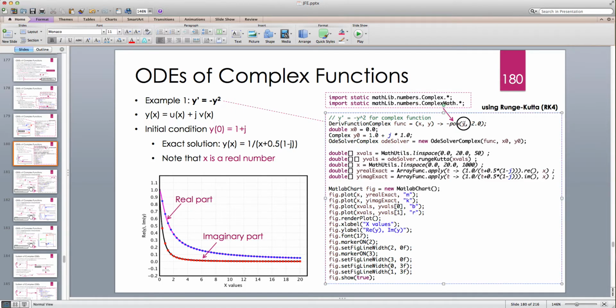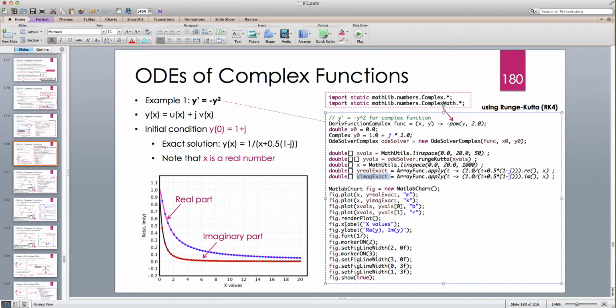Because remember, y is a complex number, so you cannot use the power method in Java's math library. You have to use a complex version of the power function. And here I'm plotting the solution from 0 to 20, so 50 points, and we also evaluate the real part and imaginary part of the exact solution, and then we're doing the comparison. We're plotting the real part and imaginary part for the exact solution and the Runge-Kutta solution.